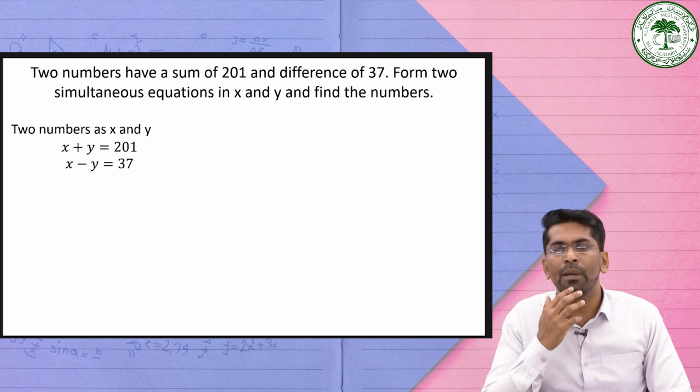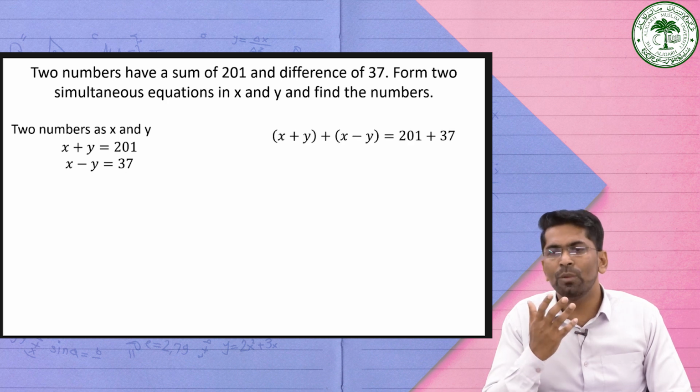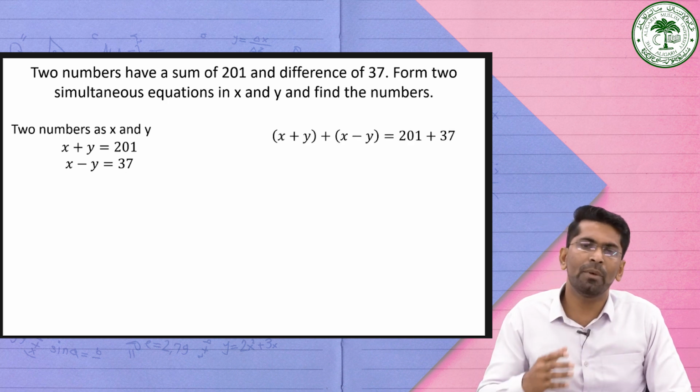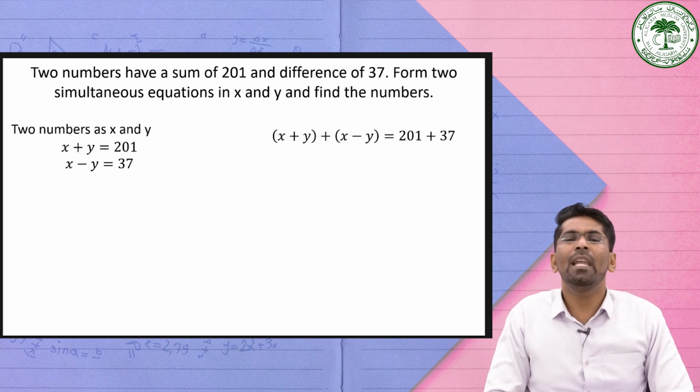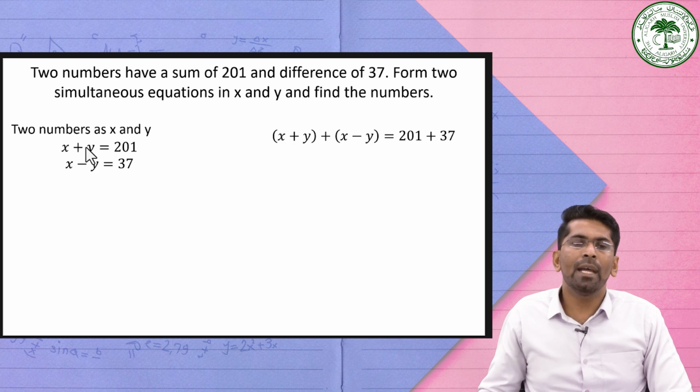We can solve this either by the elimination method or the substitution method. For example, here we use the elimination method. If we add up both equations, we can cancel out the y term.